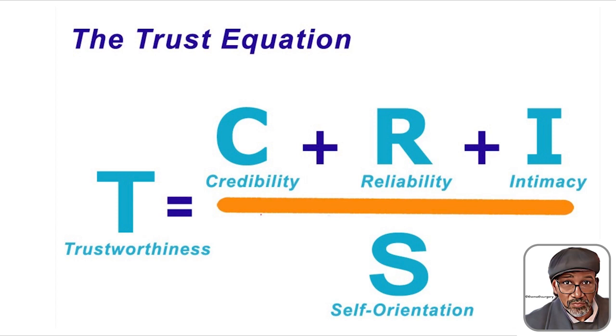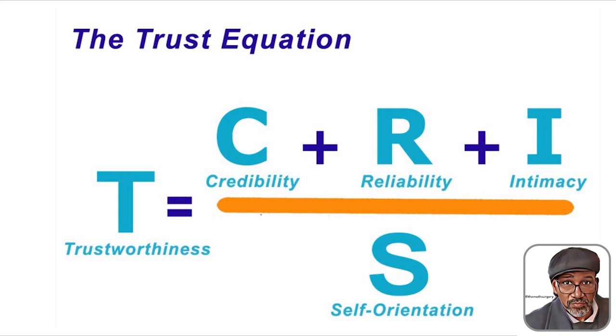And then we have self-orientation. This refers to the person's focus, in particular whether the person's focus is primarily on him or herself or on the other person. We might say, I can't trust him or this deal. I don't think he cares enough about me. She's focused on what she gets out of this.